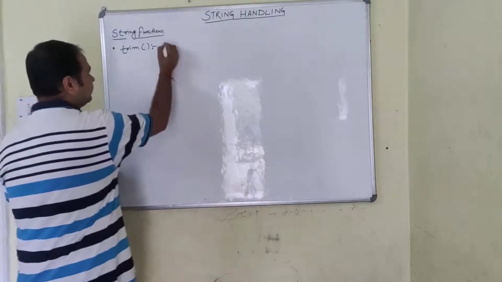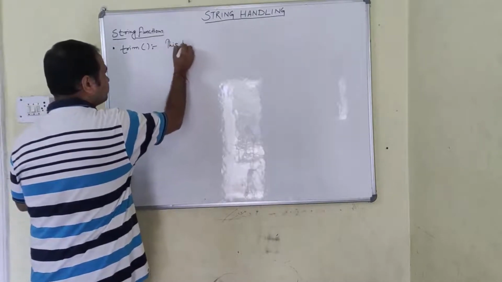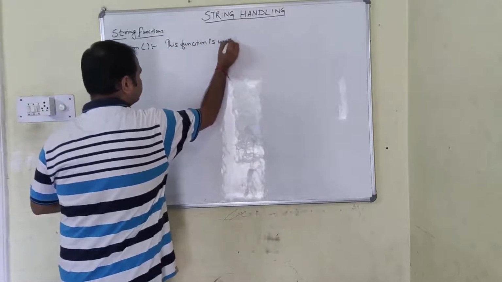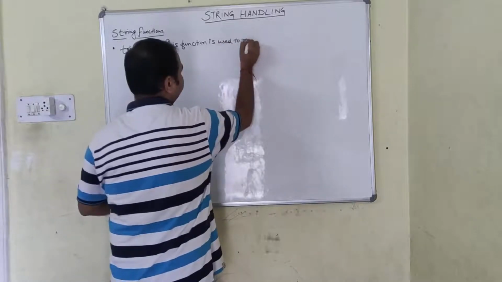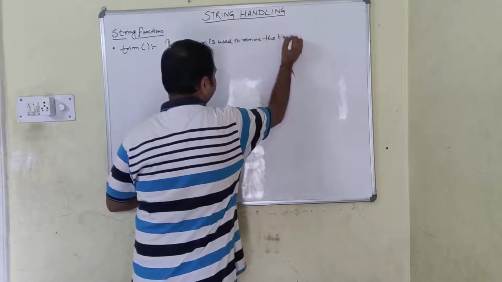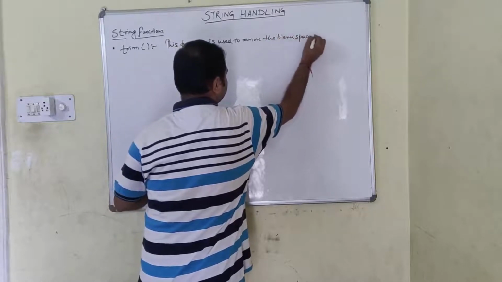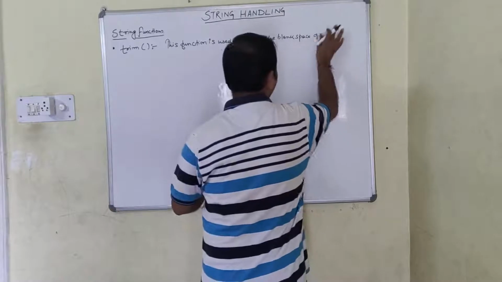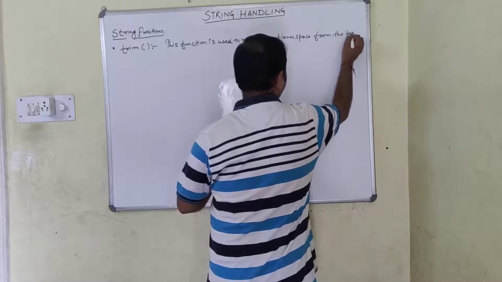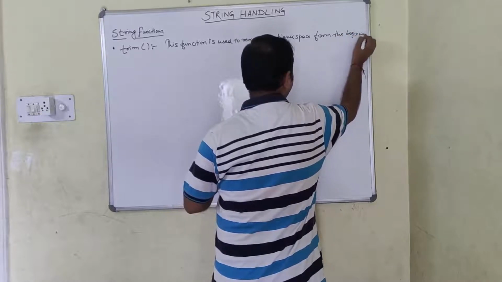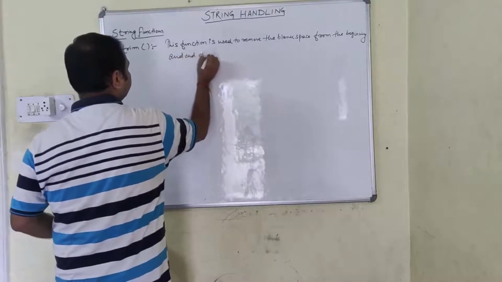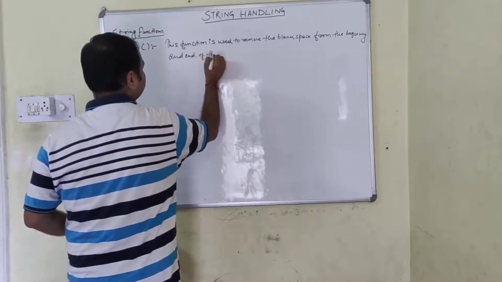So this function is used to remove the blank space from the beginning and end of the string.